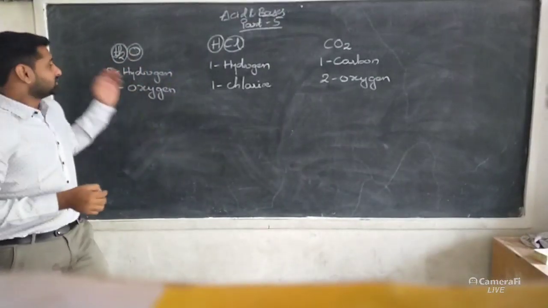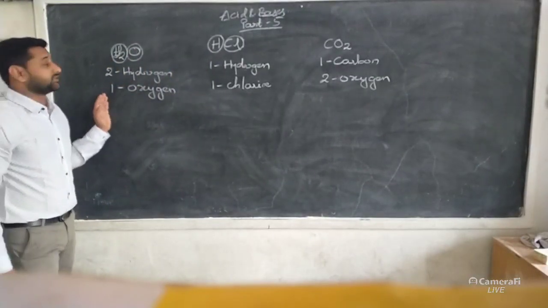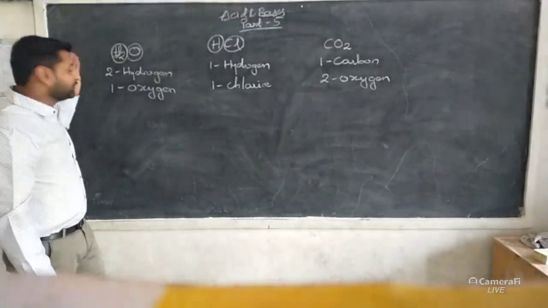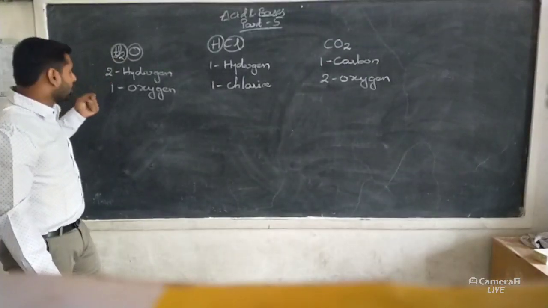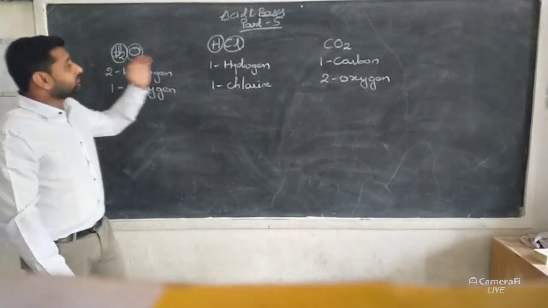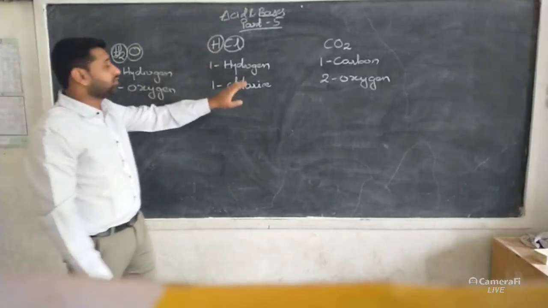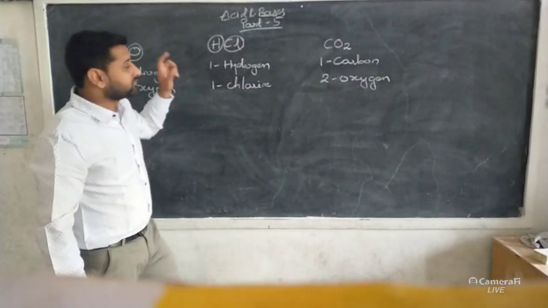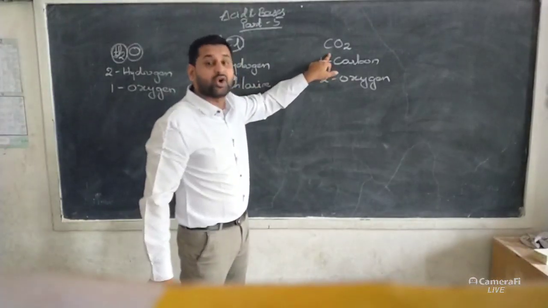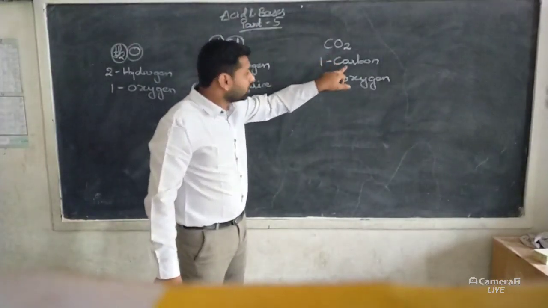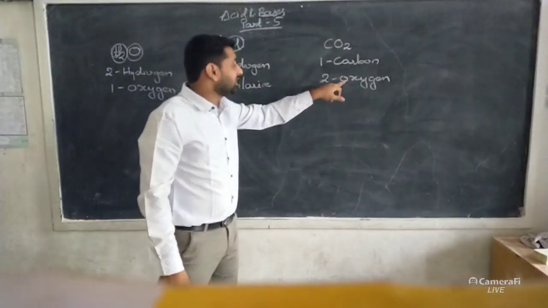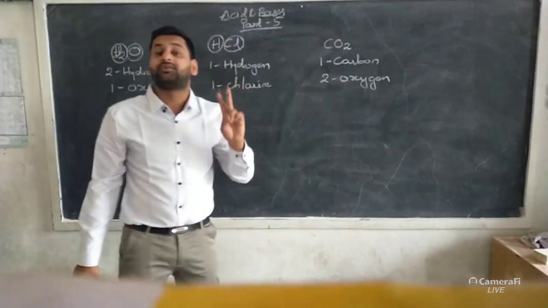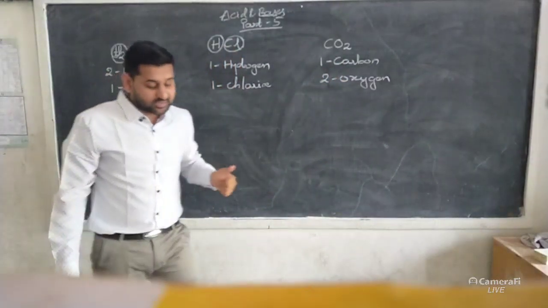Am I right? Let me introduce one more question here. In H2O, hydrogen we have taken 2 times, oxygen 1 time. In HCl, hydrogen 1 time and chlorine 1 time. Same as this, in carbon dioxide, carbon once and oxygen twice. Why? What is the reason behind that?